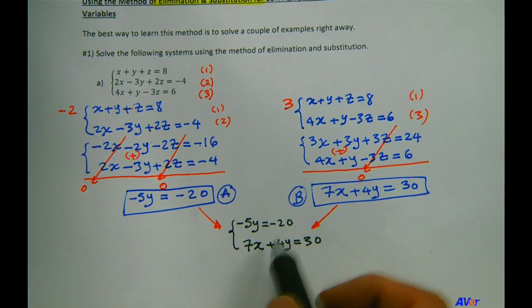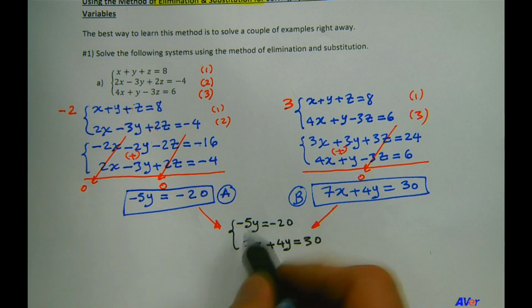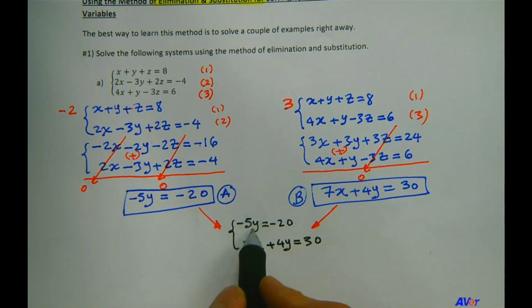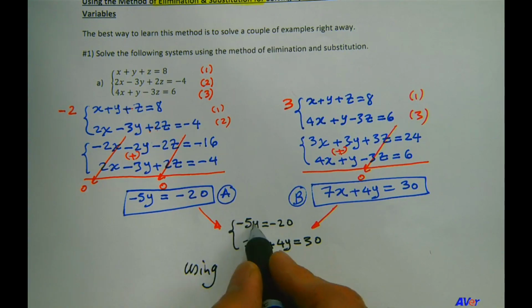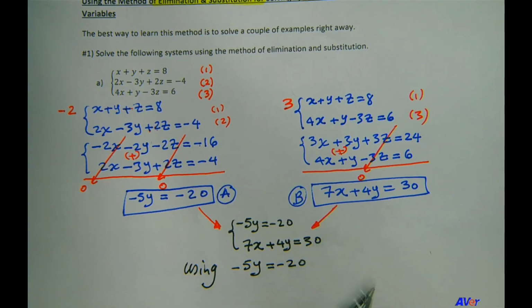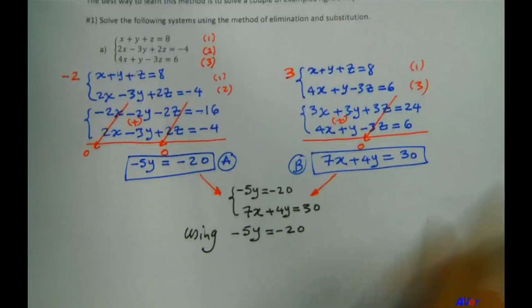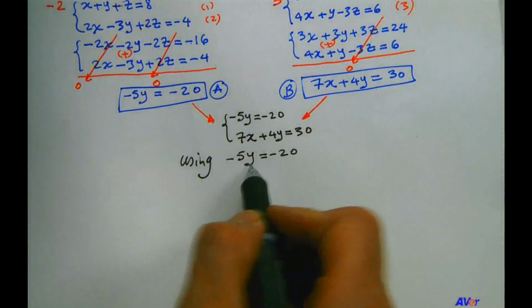So now let me use the method of substitution. If you notice, from the first equation we can solve for y and substitute in the bottom equation to solve for x. Using minus 5y equals minus 20, we solve for y, which means we have to isolate y.